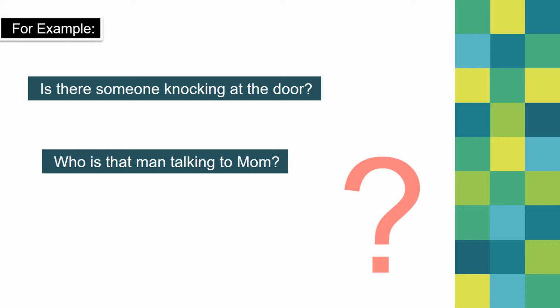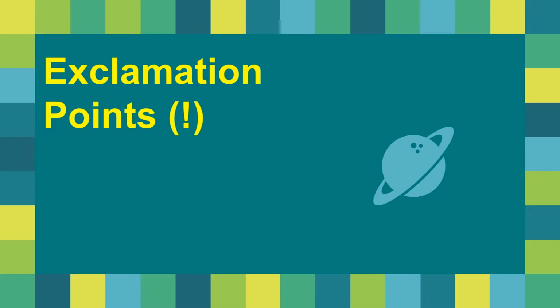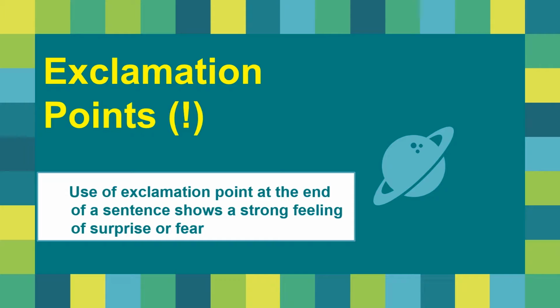Let's move to the next punctuation sign, which is known as exclamation points or exclamation signs. An exclamation point is used at the end of a sentence to show a strong feeling of surprise or fear. For example, what a shame! Help, a monster!